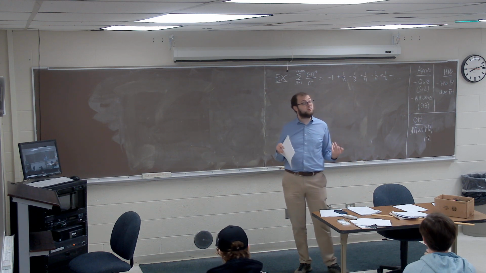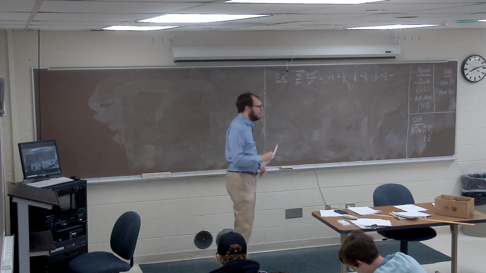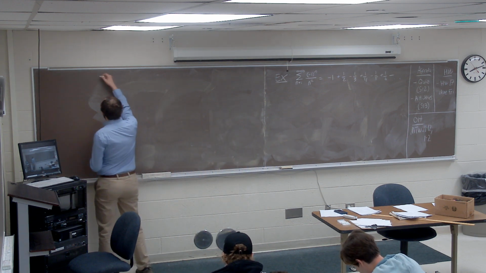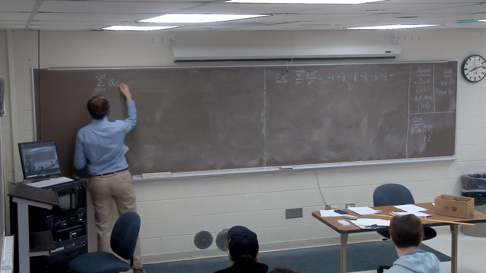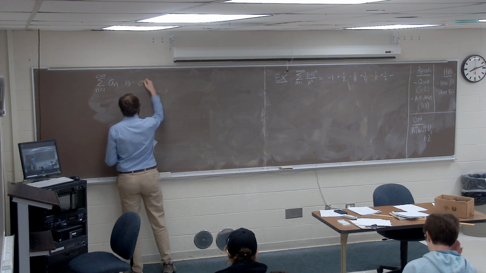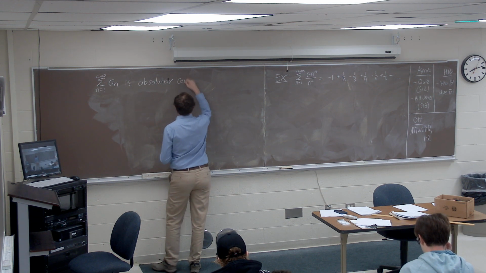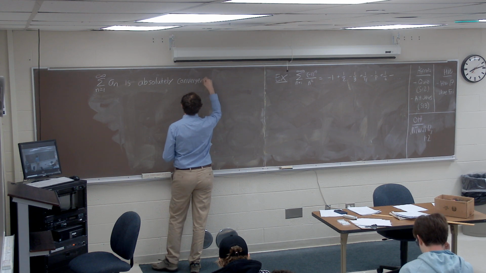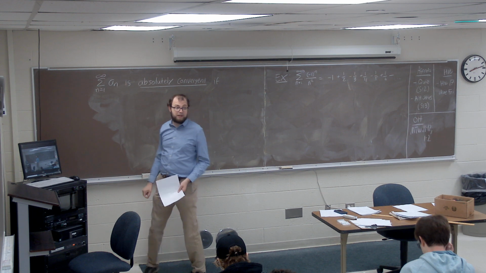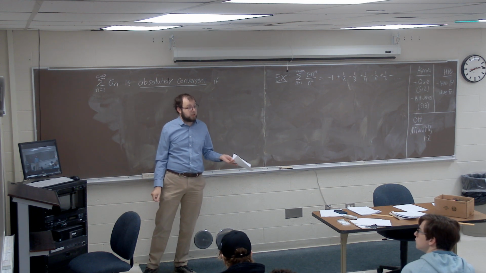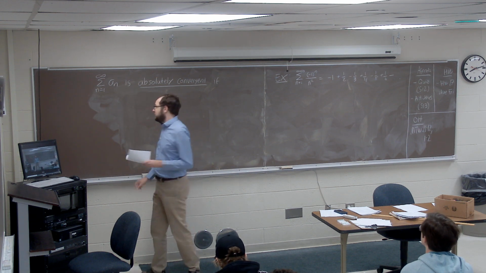called absolute convergence of a series. Because that's going to be super helpful for us. So we're going to say that the series sum from n equals 1 to infinity of a sub n is going to be called absolutely convergent if, when we take the sum of the absolute values of every term in your series, that gives you a convergent series.